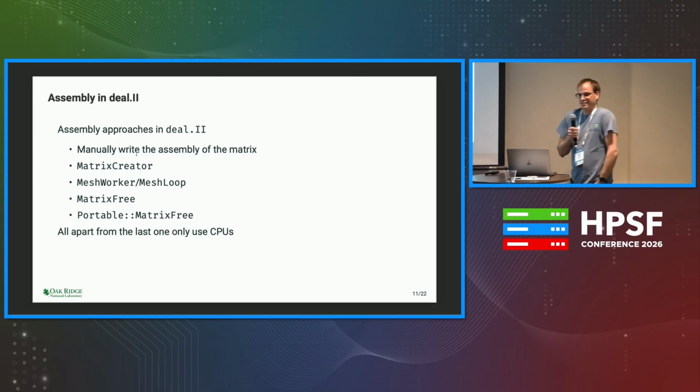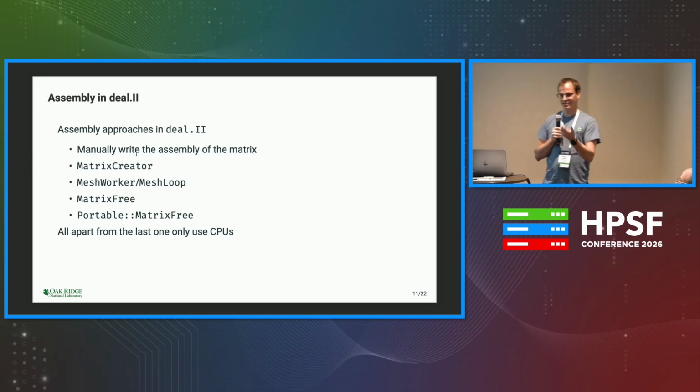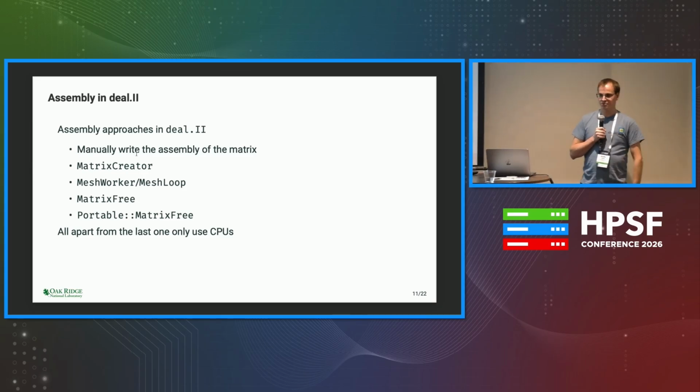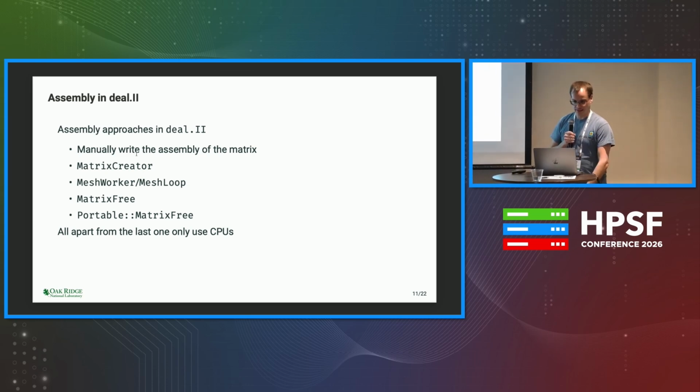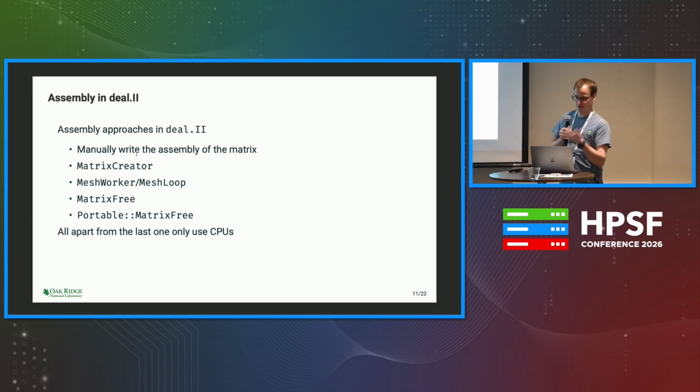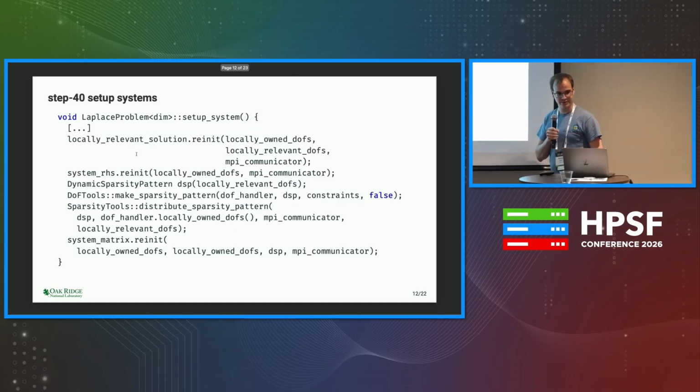That is a bit of an issue, because we don't really benefit from having any objects on the GPU when it comes to assembly at this point. So we would need to figure out a different framework to really leverage it. Maybe we could build matrices through the portable matrix-free framework, or not.